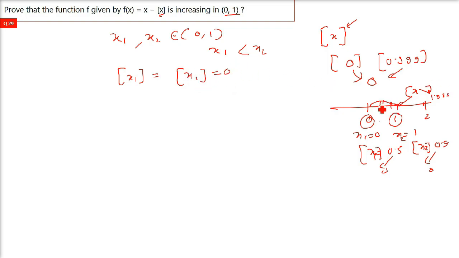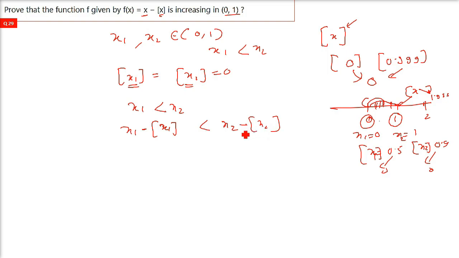Why? Because we are in the interval 0 to 1. Between 0 and 1, you can give any value which is not equal to 1, and that will always give you 0. We started with x1 less than x2, and the greatest integer function will give you either 0 or 1 if you put a certain value, but it will always give you 0 in this 0 to 1 range if it is not equal to 1.